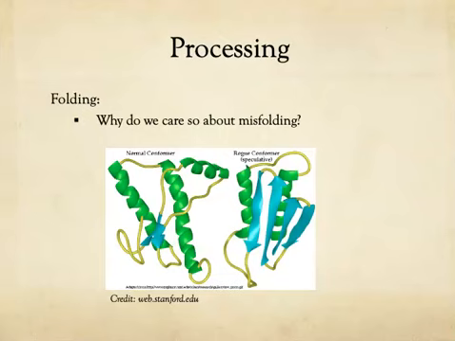The most commonly referred to example of this is the prion. And that's what you're looking at on this slide in the drawing. You may have heard of prions. Prions are misfolded proteins that cause terrible neurodegenerative diseases.